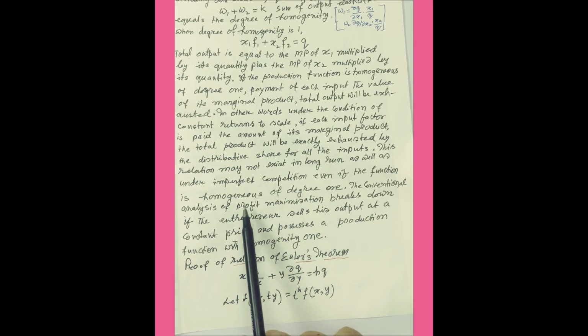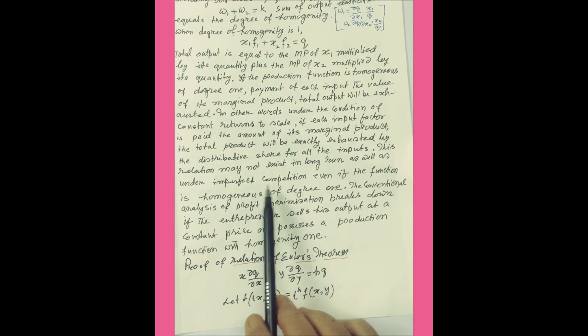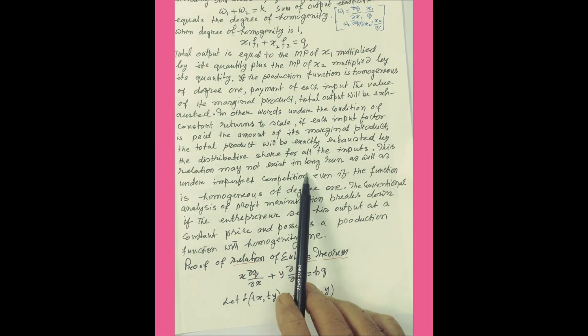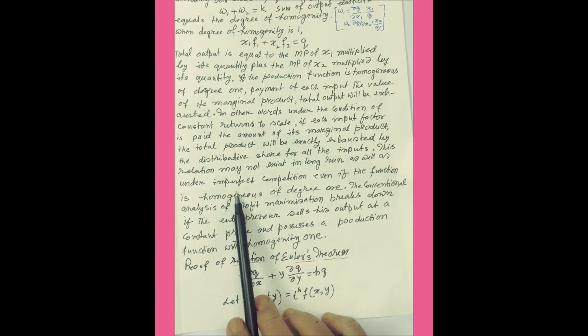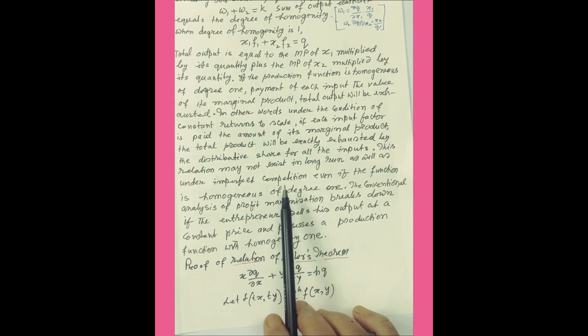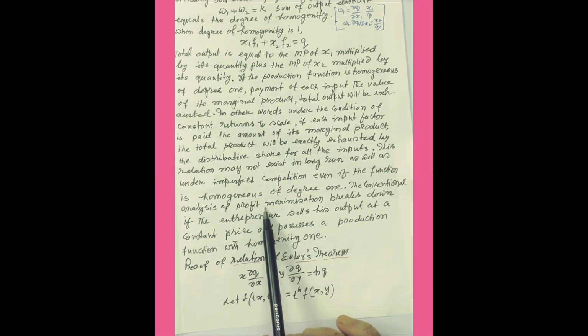Sometimes it is asked in UGC NET and sometimes also in the PSC exams: what is the limitation of Euler's theorem? In short, the answer is that even if the total production function is homogeneous of degree 1, the theorem may not work under imperfect competition.